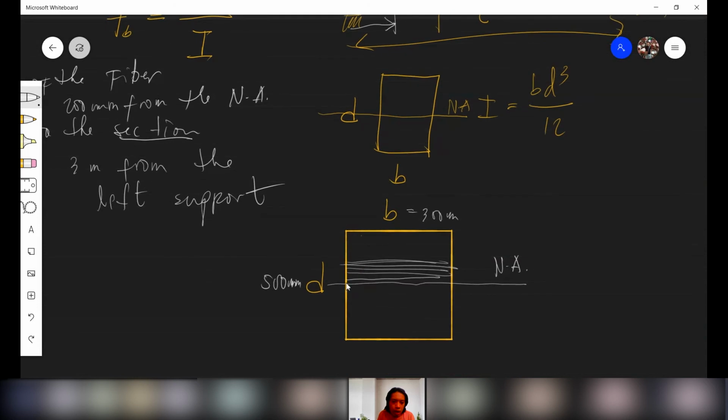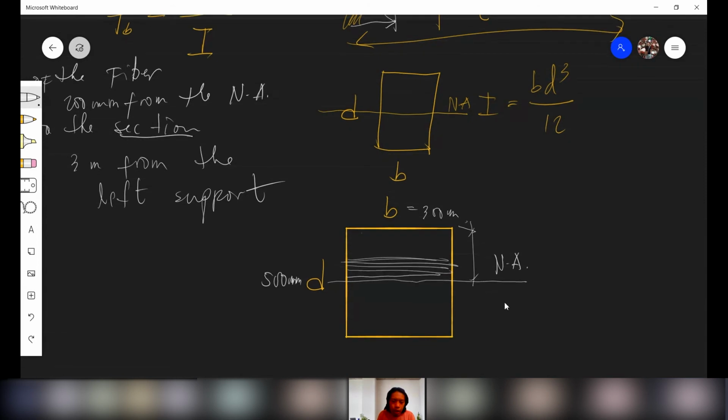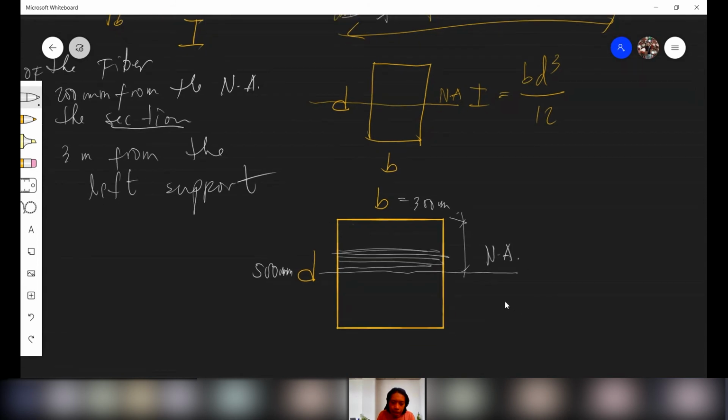This is your neutral axis. The neutral axis to the outermost fiber, in compression or in tension. This is the outermost fiber, right? And the other outermost fiber is diha ubos. Okay?